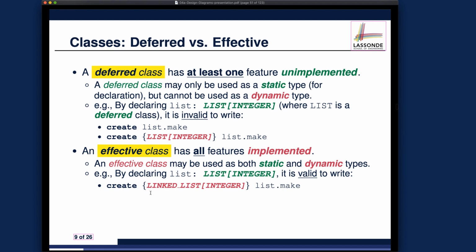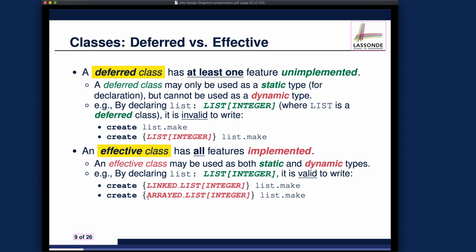On the other hand, I can use any effective descendant class as the dynamic type. Here, linked list is a descendant class of the static type list. So this is allowed. If you're wondering why such a polymorphic assignment works, you can refer back to your OOP course, or we're going to see some review later in this course.